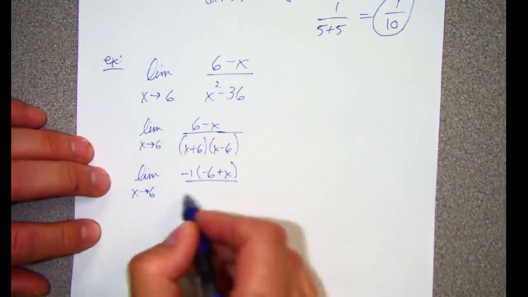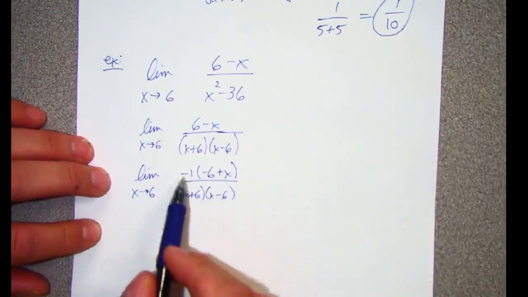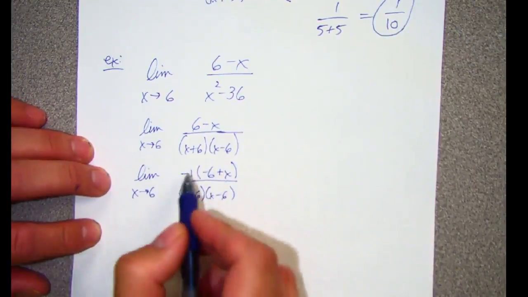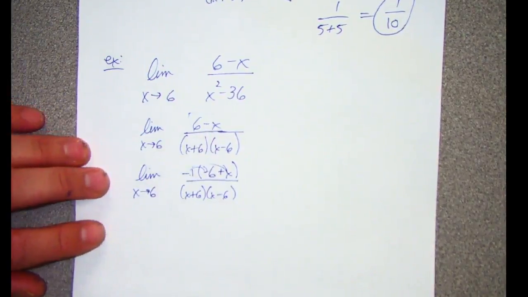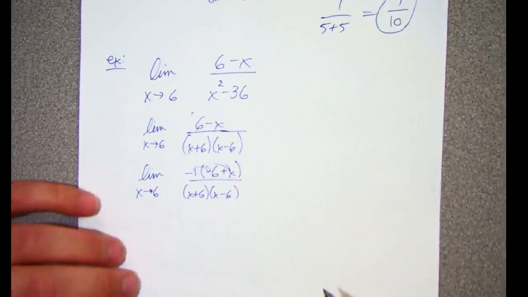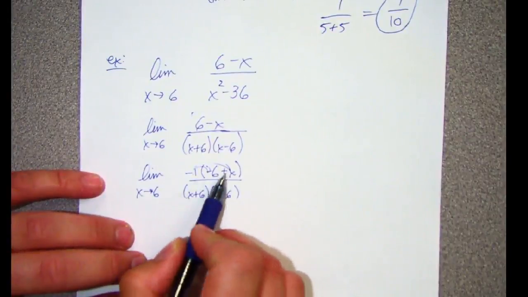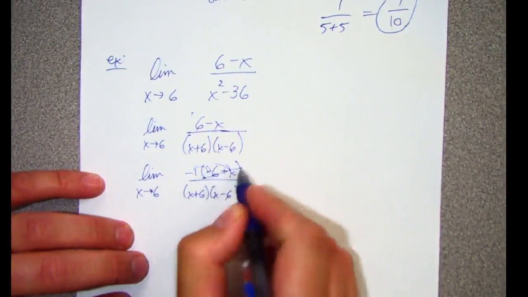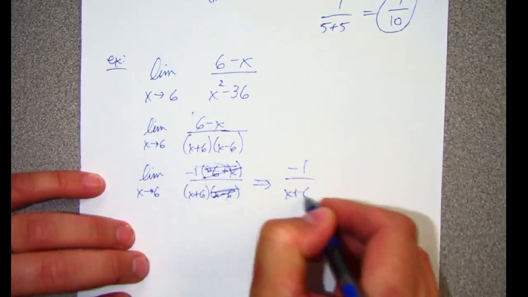That'd be plus x. You can always check if you reverse distributed properly by distributing. I get what I started with, and I do. Now things cancel. The 6 is negative, the x is positive in both, so these two go away. You end up with negative 1 over x plus 6.